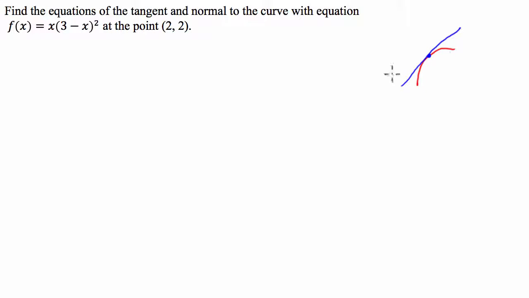Now the normal to the curve at that point is a line that is perpendicular to the tangent. So this is going to be 90 degrees. Sorry about the crapness of my drawing. Basically it's a perpendicular line to the tangent of the curve. So the gradient of the normal is the negative reciprocal of the gradient of the tangent, but we'll get to that later.